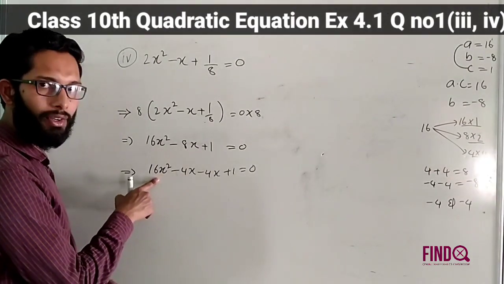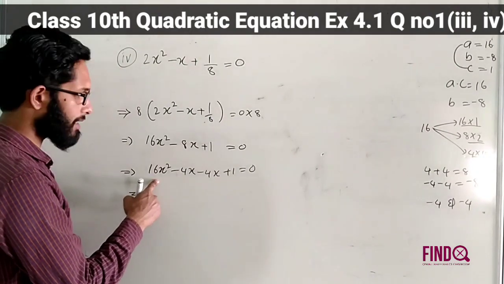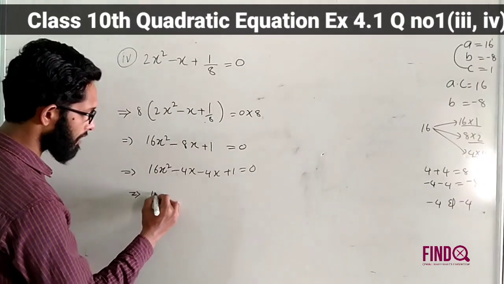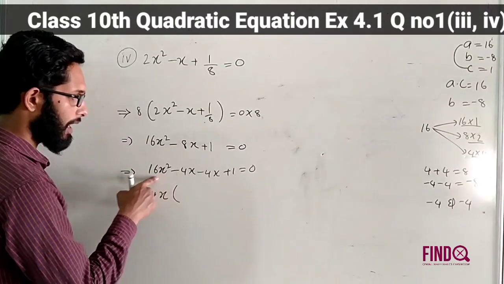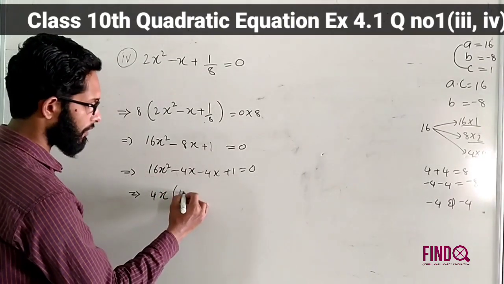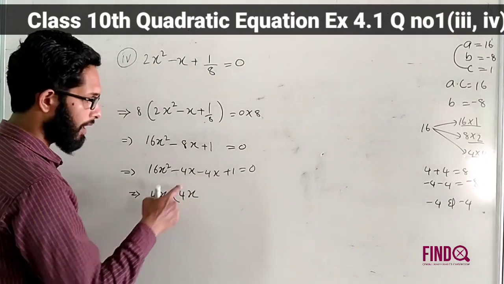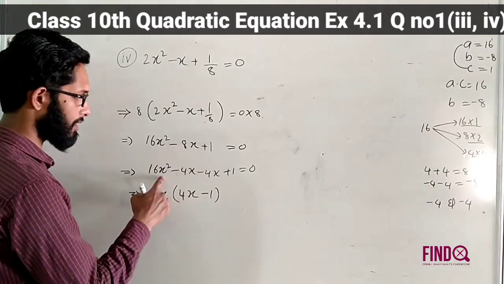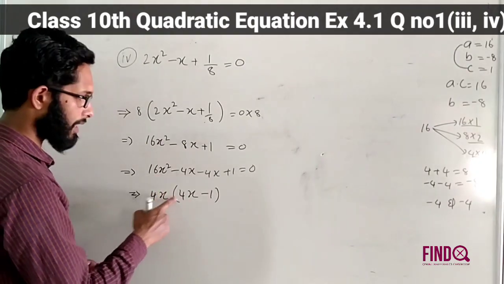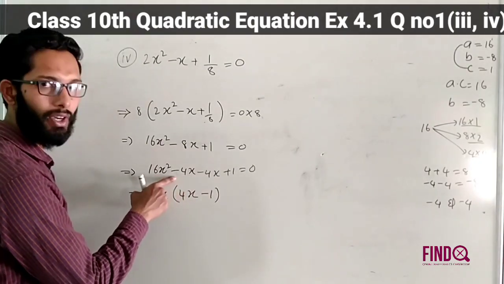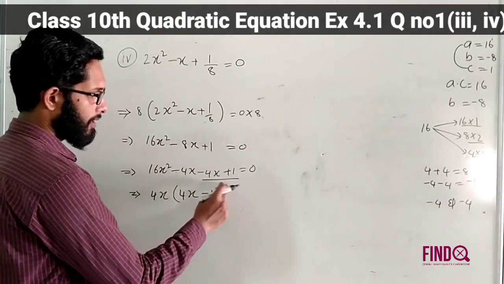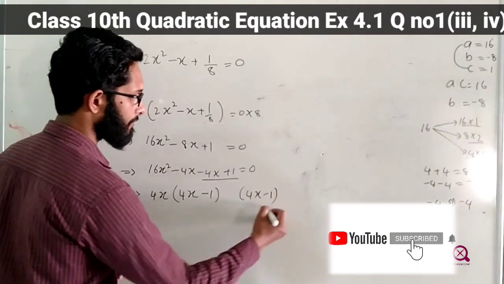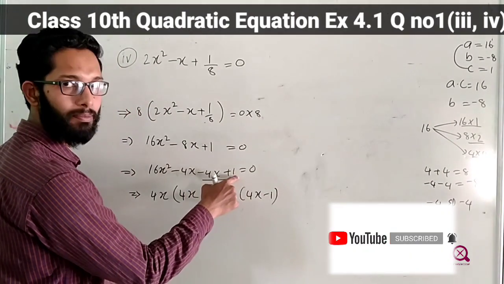16x square means 4 into x into x, and minus 4x is minus 4 into x. So we can take 4x as common, and the remaining is 4x and minus 1. Check: 4x into 4x is 16x square, 4x into minus 1 is minus 4x. And the second pair, you will get the bracket 4x minus 1. Now here is minus 4x plus 1.